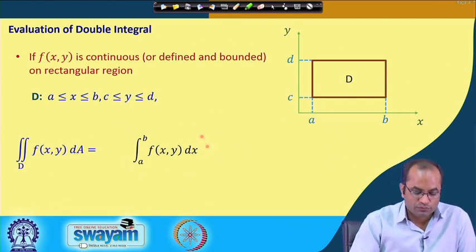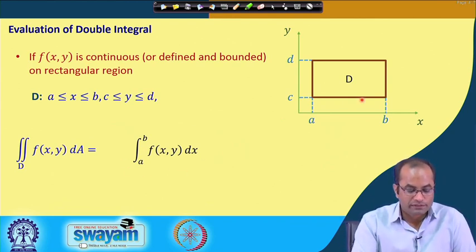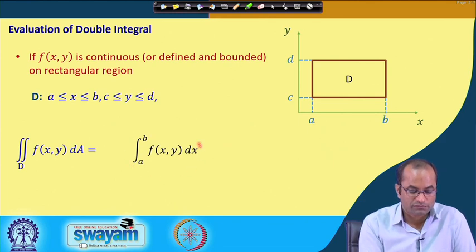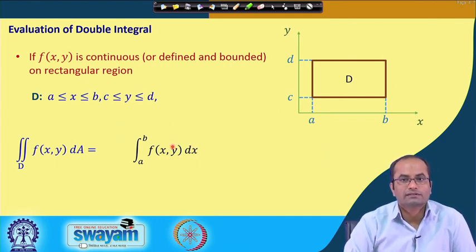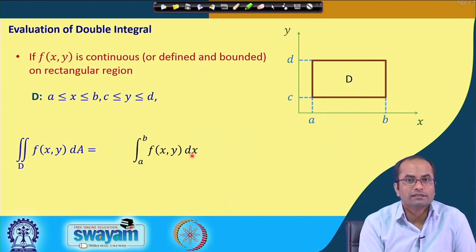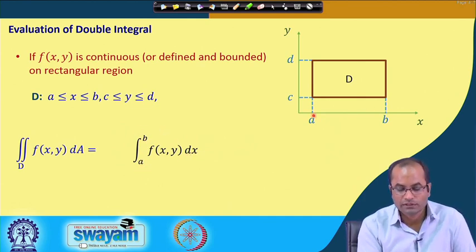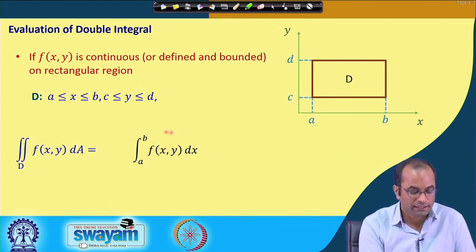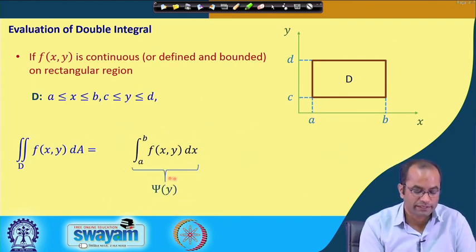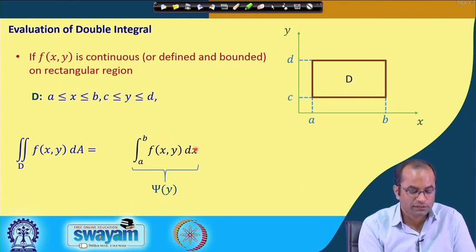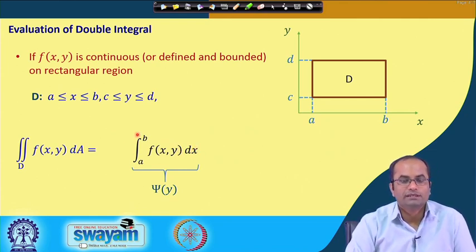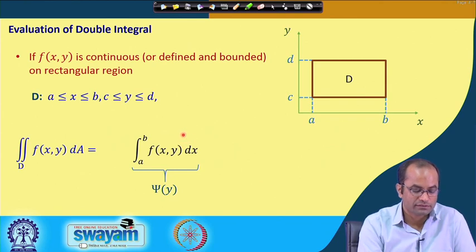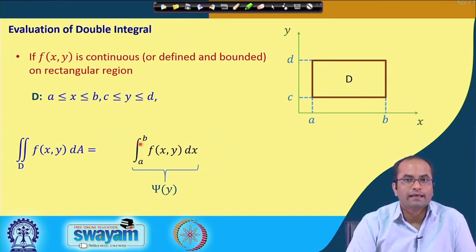We could also do it with respect to y first, it does not matter in this case. So we take the integral of f(x,y) dx from a to b, treating y as a constant. Now this becomes a function of y, because we have integrated over x and y remains as it is.